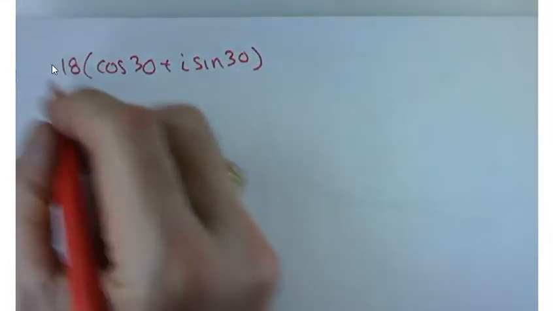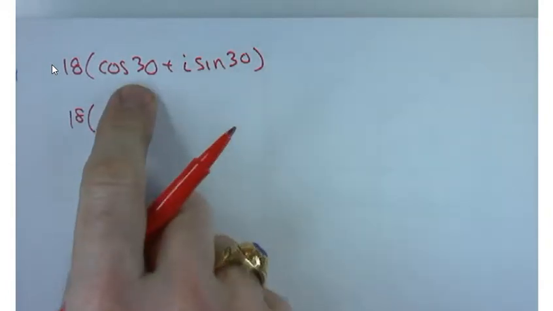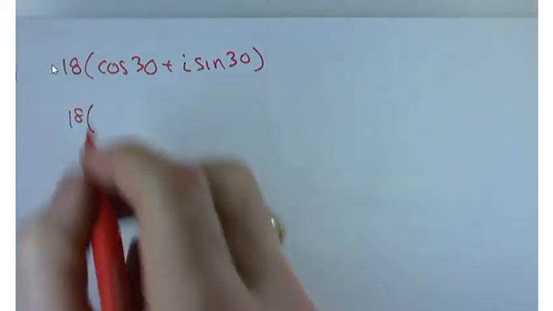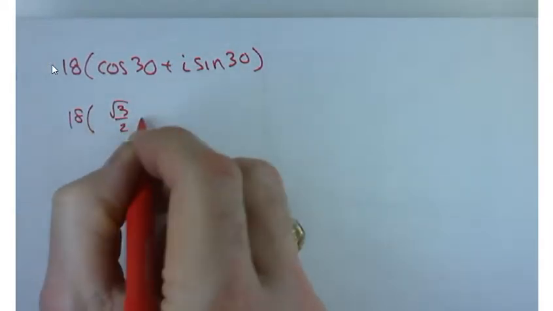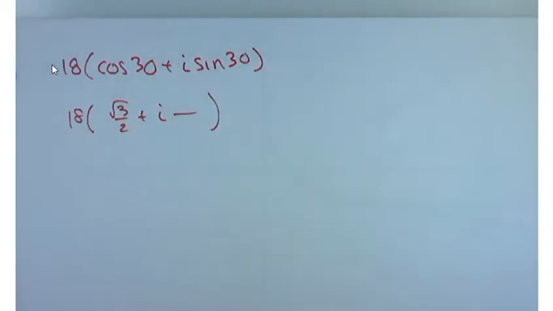And let's fill in a few numbers. What's the cosine of 30 degrees? Root 3 over 2. Good. Root 3 over 2 plus i times the sine of 30. Ivana, what's the sine of 30?